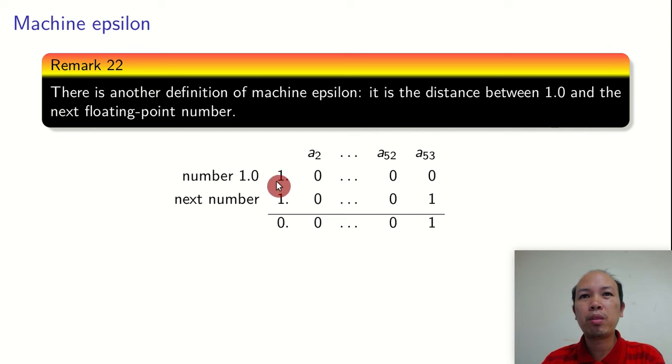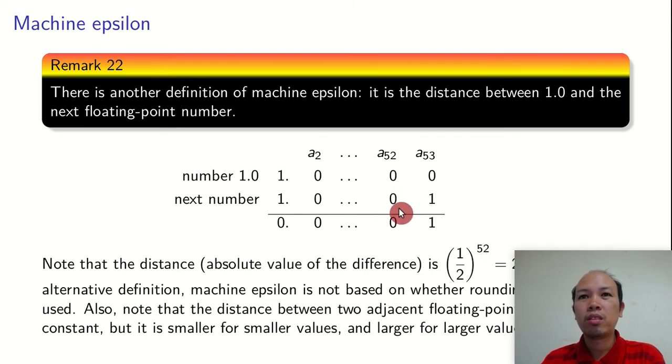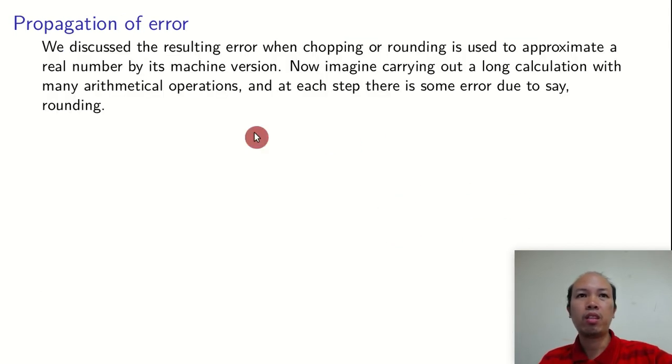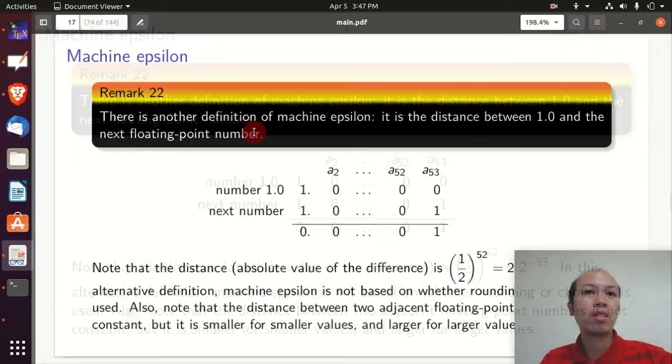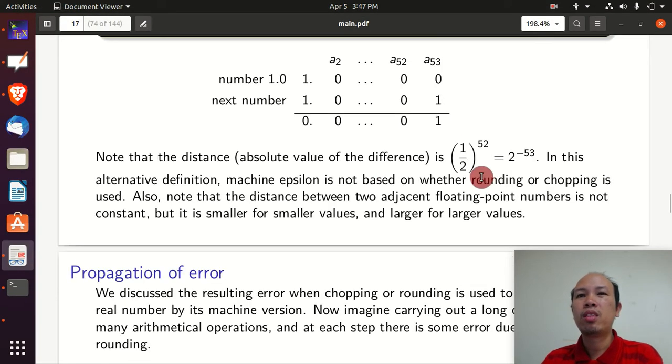So for example, this is your original number and the next number will be this one. Okay, so the same idea or the same method that we used before, this next number, if you convert this one here, the answer is 2 to the, I'm sorry, this is 2 to the negative 52.